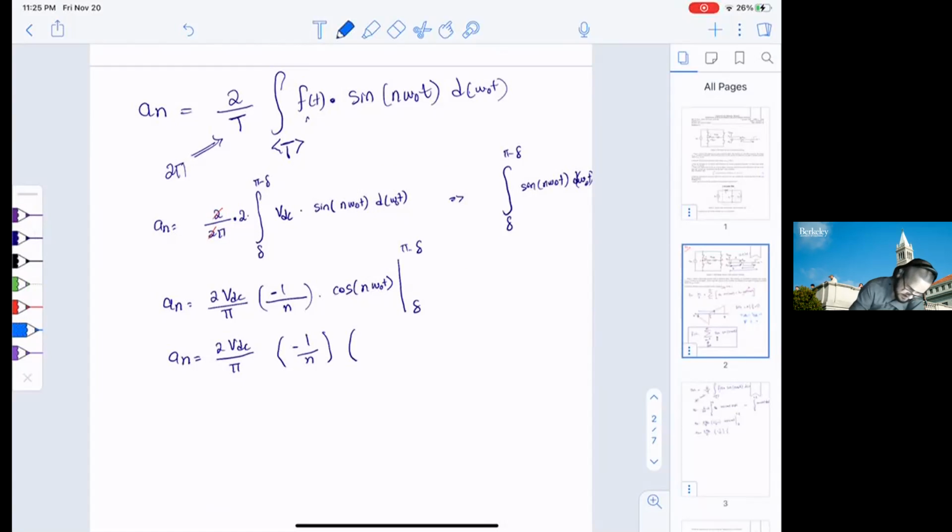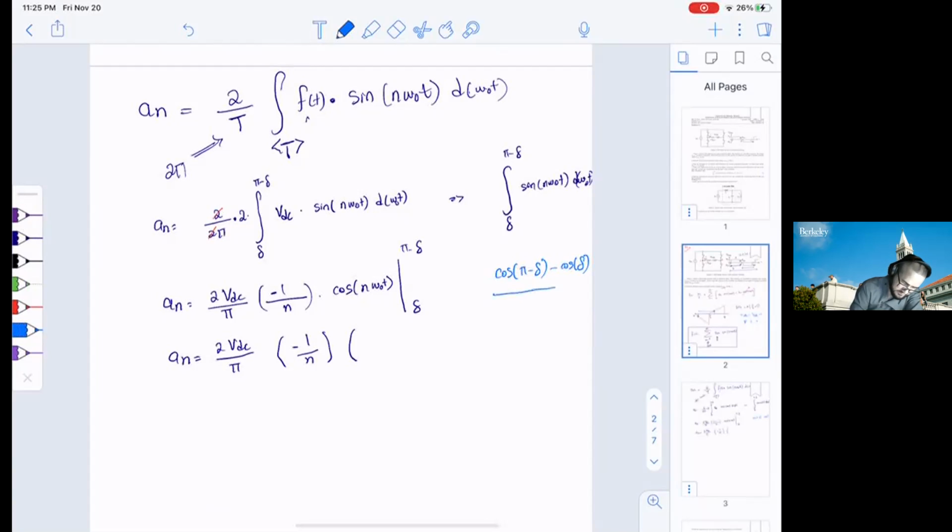Let me simplify first in this step. It becomes cosine of pi minus delta minus cosine of delta.